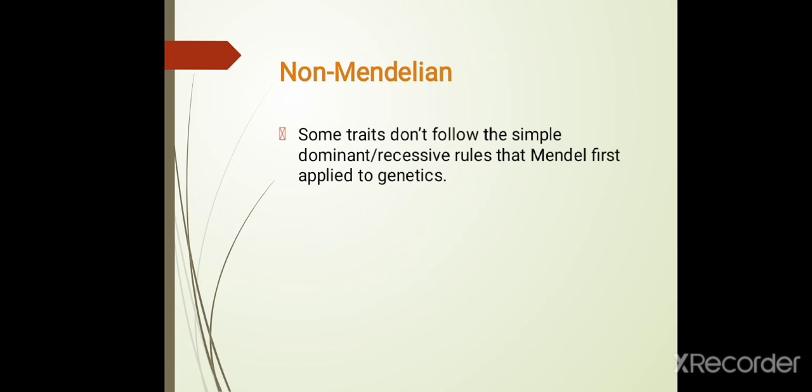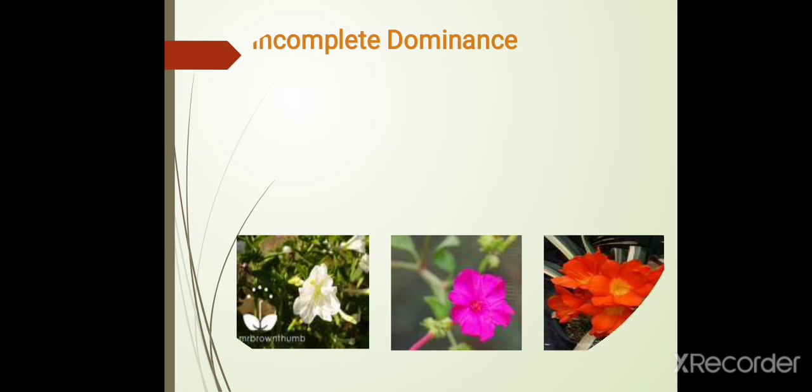So now let's go to non-Mendelian inheritance. Some traits don't follow the simple dominant or recessive rules that Mendel first applied to genetics. Some alleles are neither dominant nor recessive. That's the meaning. Traits can be controlled by more than one gene.